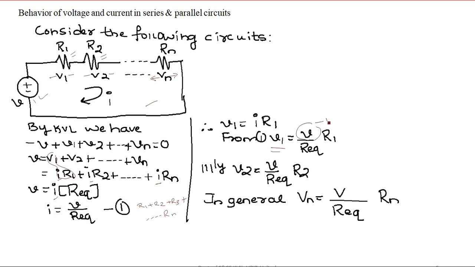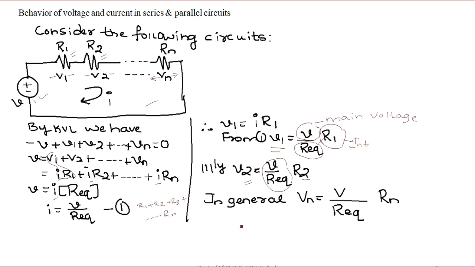So I can call this the main voltage divided by the equivalent resistance of the circuit, then multiplied by the resistance of interest, meaning the resistance across which you want to calculate the voltage. So this is the point of interest. Similarly, if I want to calculate the voltage across R2, I can replace V1 by V2 equal to V divided by R equivalent. This is going to remain the same. Only this term will change.